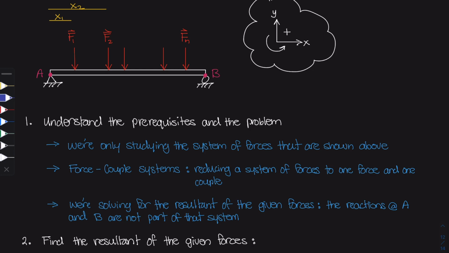Okay, so if you don't remember what a force couple system is, let me give a very brief, quick explanation. So say you have this beam right here, and on this beam, you have some force that's acting at some point downward. Now, the idea behind a force couple system is that you want to reduce this force or system of forces to a force and couple somewhere along the beam other than where this force is.